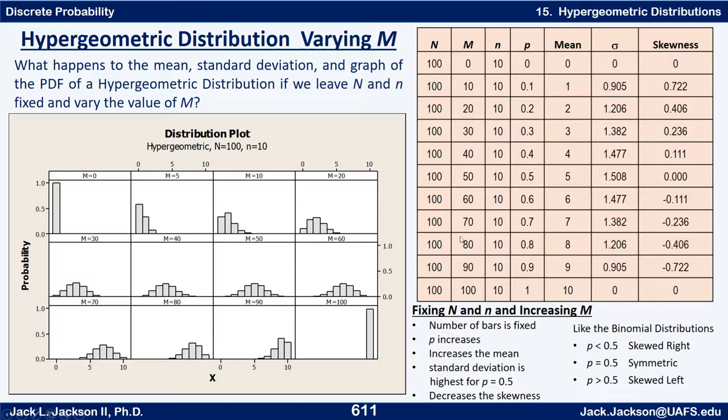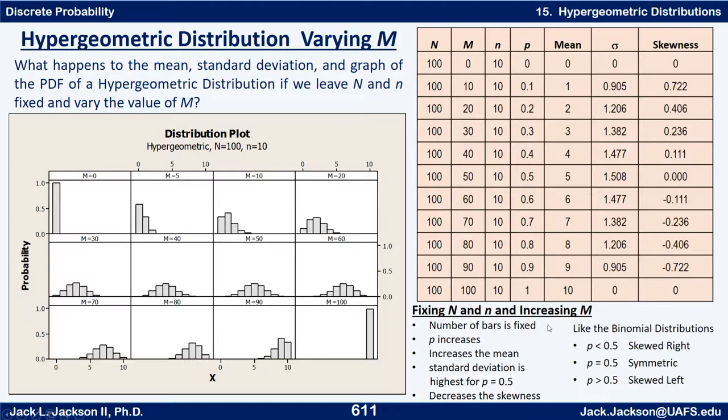But then the others are going up here, and we see that the mean is increasing as the number of successes in the population increases without increasing the number in the population totally. That increases the probability of success p, and you can see it going up by tenths here, which of course increases the mean as well.